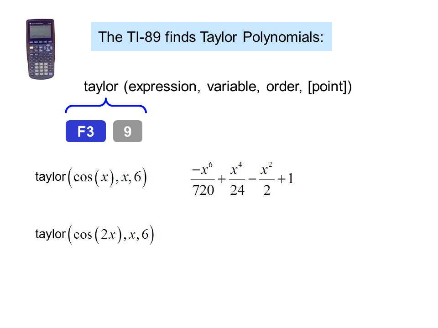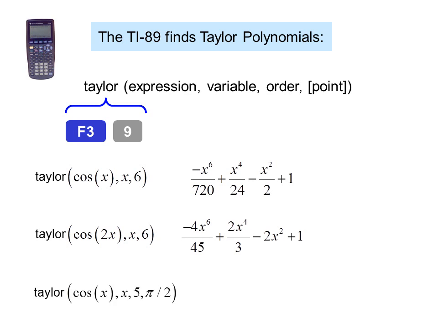Taylor(cosine 2x, x, 6) returns negative 4x to the 6th over 45 plus 2x to the 4th over 3 minus 2x squared plus 1. Taylor(cosine x, x, 5, pi over 2). We'll center the series at pi over 2.